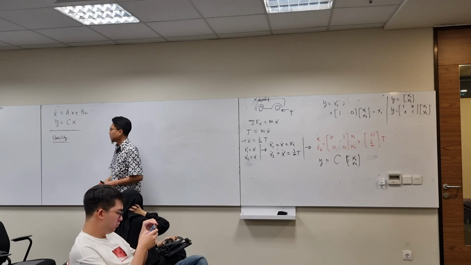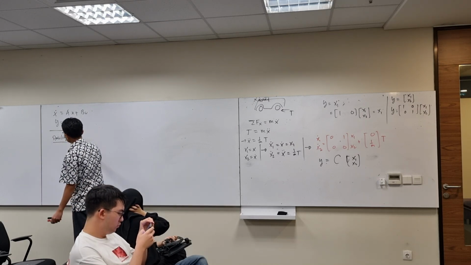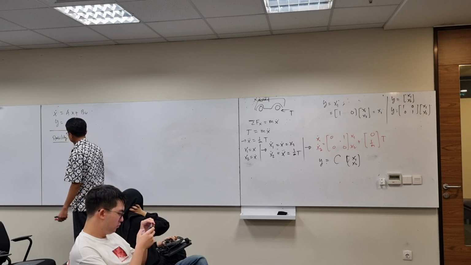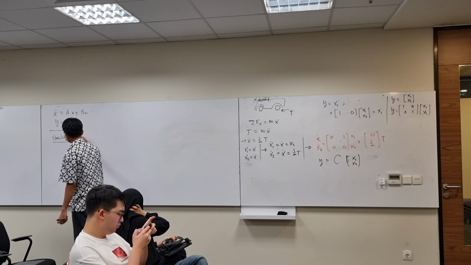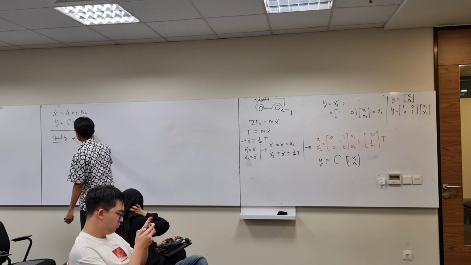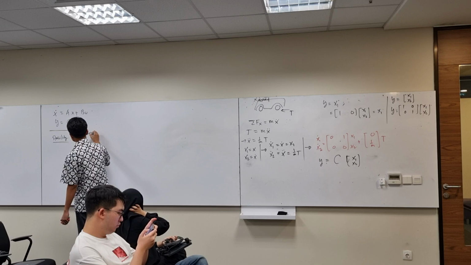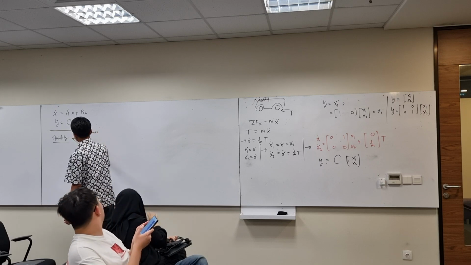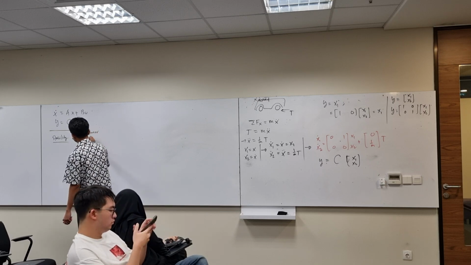Now for stability in state space, there are three cases, I will say. The first one is Lyapunov stable. The second one is asymptotic stability.